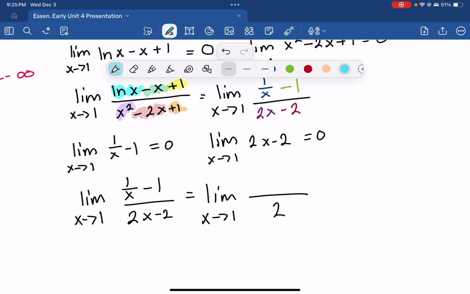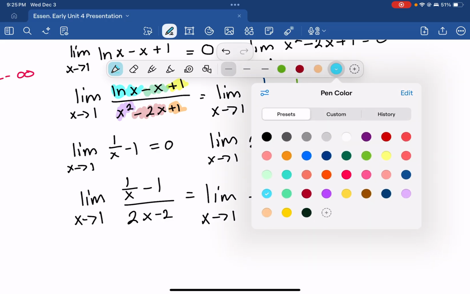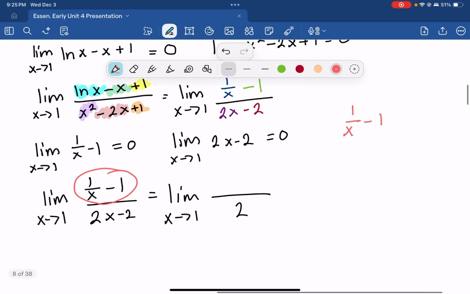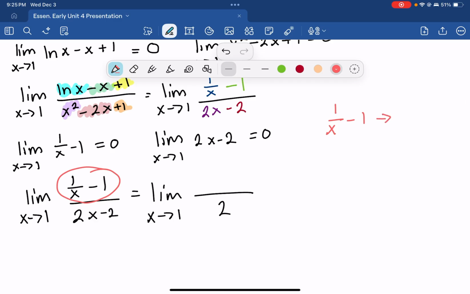I'll use this pink. For this piece right here, 1 over x minus 1, I can rewrite that. That's the same thing as x to the negative 1 minus 1.